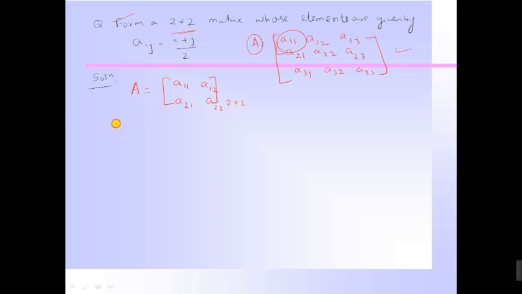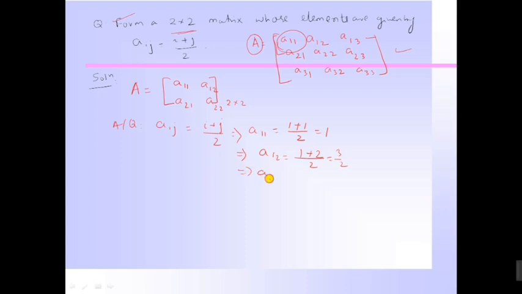Now according to the question, Aij is equal to (i plus j) divided by 2. So from this my first element will be A11, and in place of i I put 1, j also 1, divided by 2, which is equal to 1. Similarly, A12, where i is 1, j is 2, divided by 2, is equal to 3 by 2.